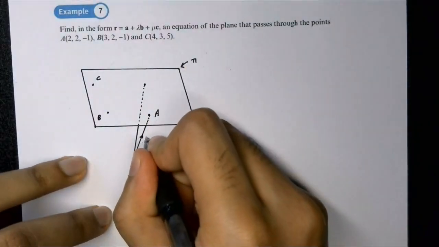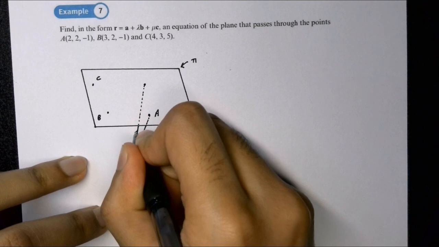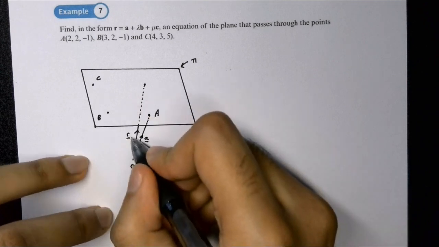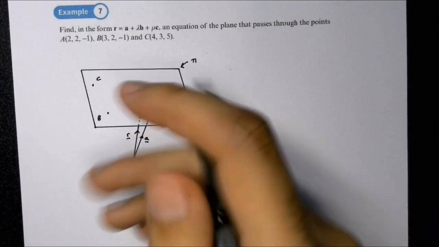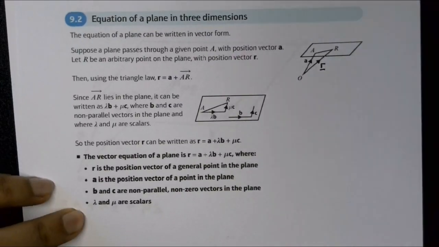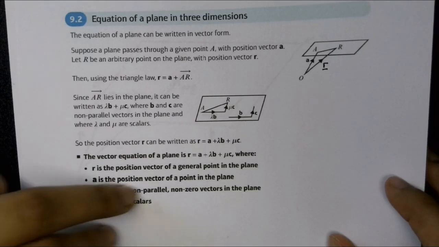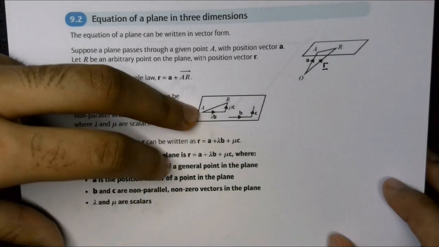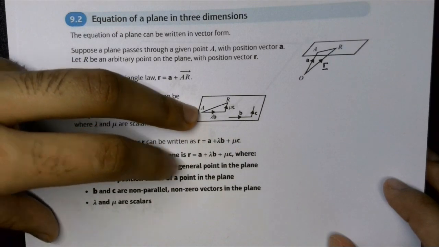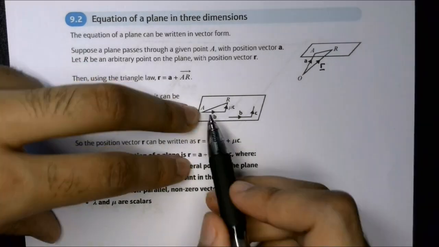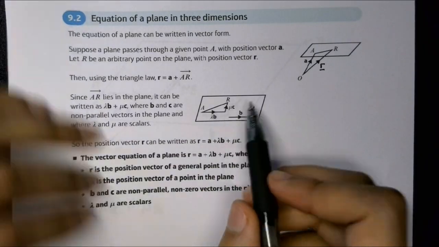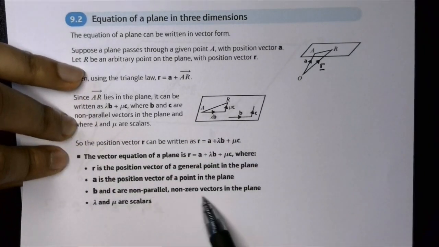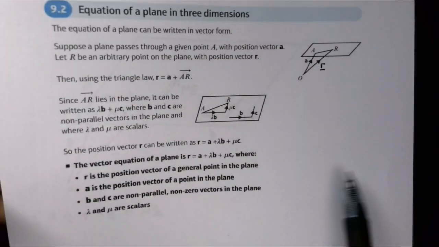Here we've got A. Here we've got R. And our job is to find the equation of R. And if you recall from what we said previously, if we take the point A to be the position vector of a point in the plane, then we need to find out AB and AC, which will be the non-parallel, non-zero vectors in the plane.